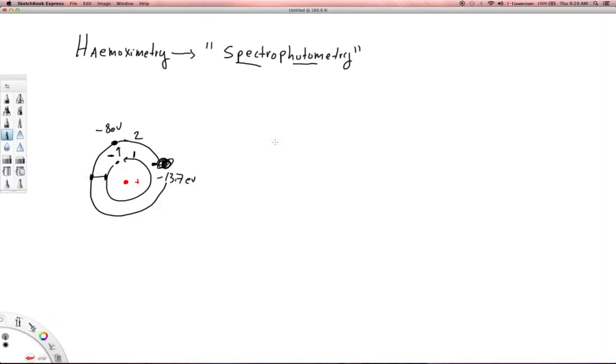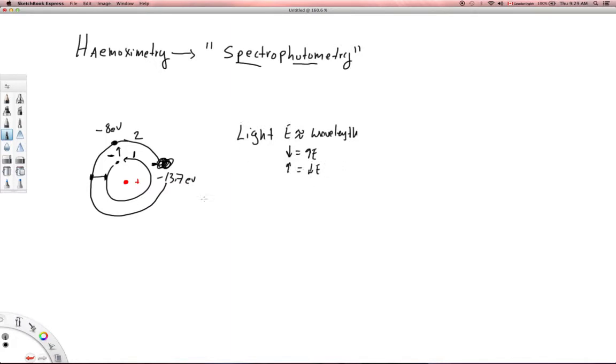Okay, so we know that when we talk about the energy of light, the energy of light is related to the wavelength. We know that smaller wavelengths equal higher energies, and larger wavelengths equal lower energies.